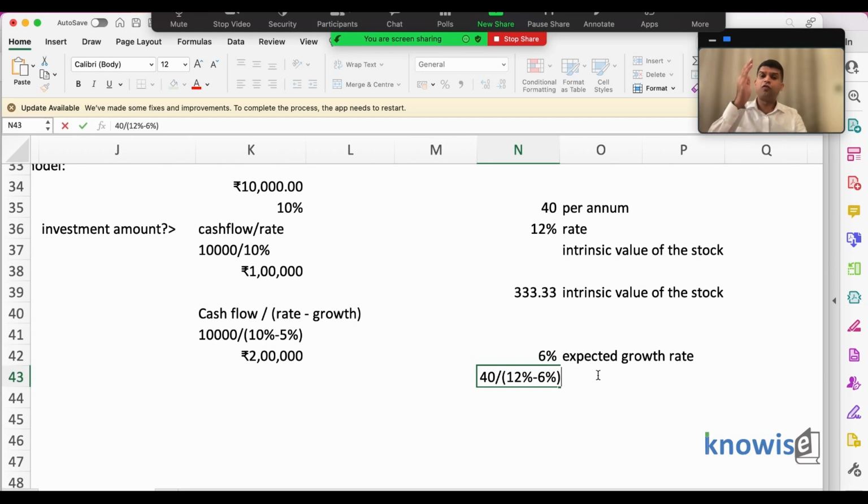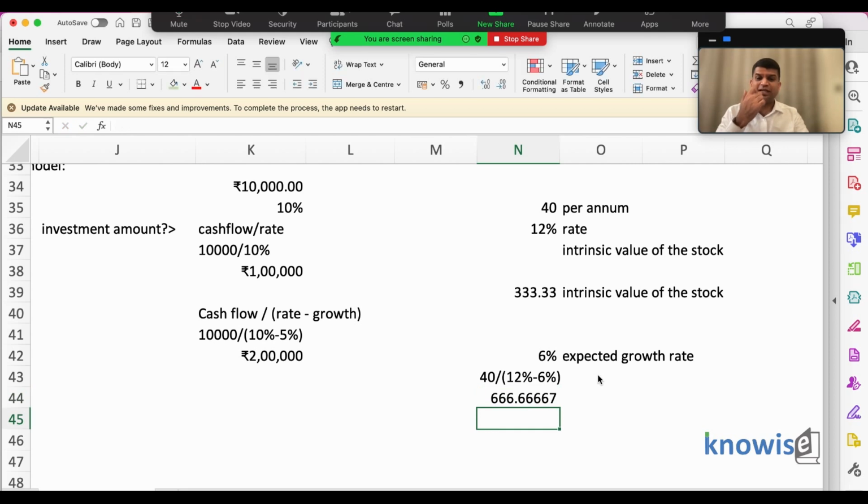So that means 40 divided by 12 minus 6, which is 40 divided by 6%. The intrinsic value of the stock after accommodating the expected dividend growth of 6% is 666.